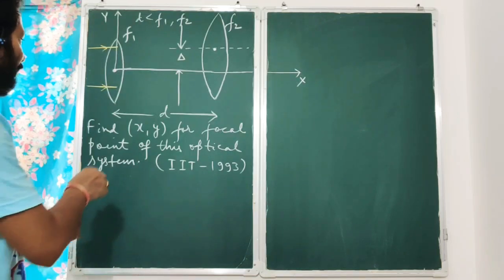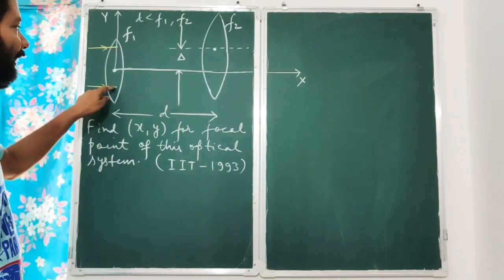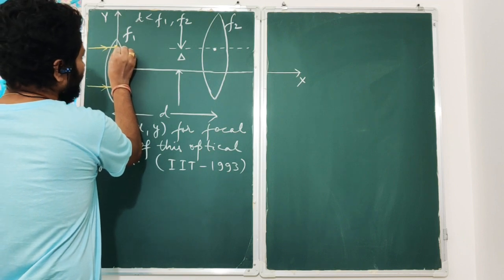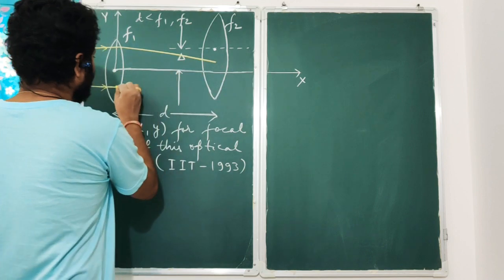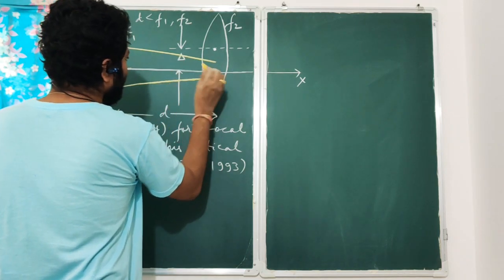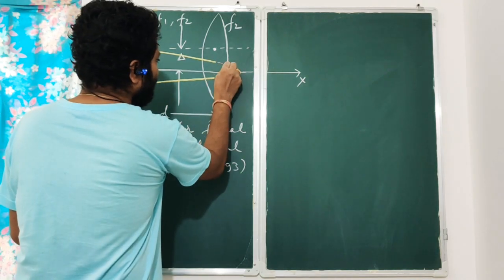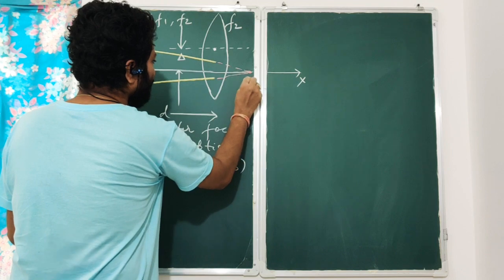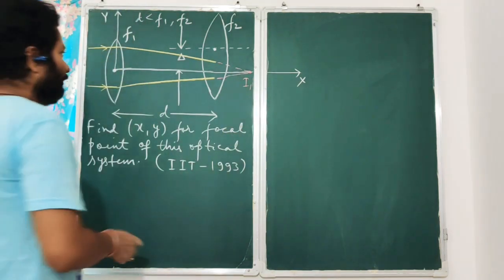So what will happen to this ray of light which is traveling parallel to the principal axis of the first lens? It will get converged. So ideally, what you would have expected is that this ray of light would have converged somewhere here, and this would have been the place where the image would have got formed.